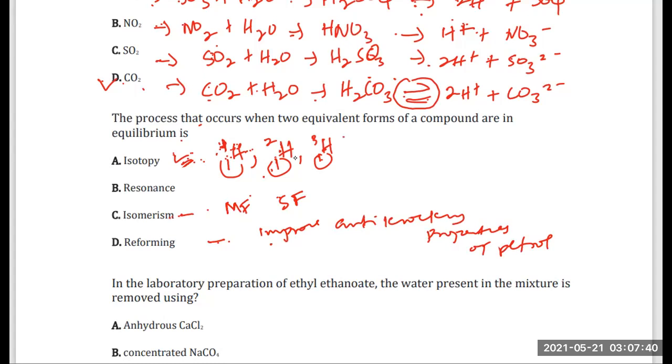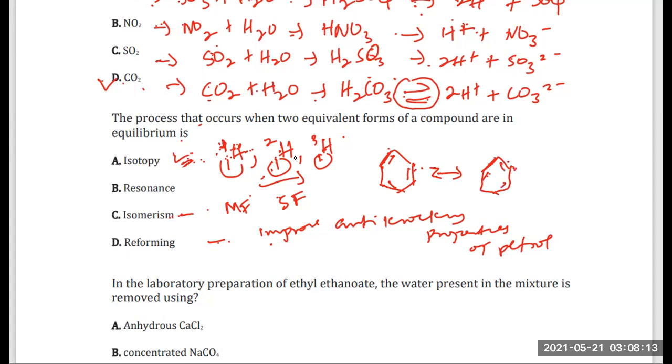So resonance can basically be seen in benzene, where you have this structure. Of course, the bond can be here, the bond can be here. This is equivalent. You can also have it this way. So instead of the bond starting from here, I can have the bond here, a bond here, and a bond here.